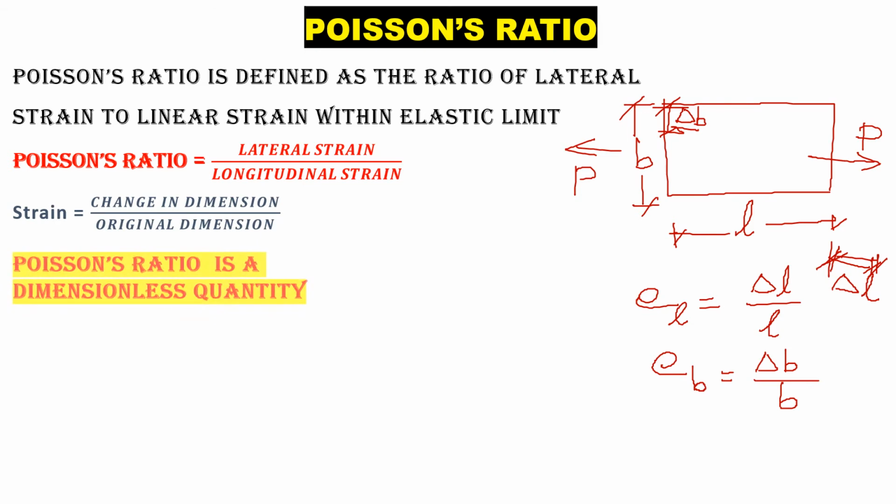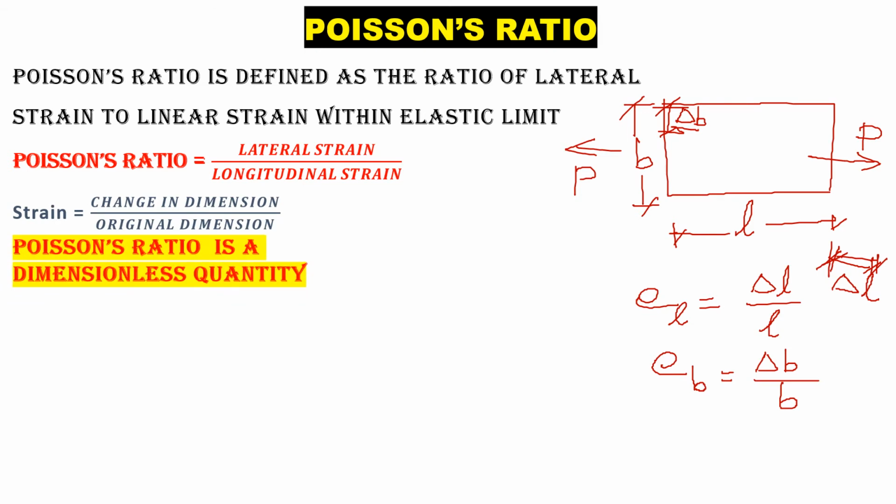Now, our Poisson's ratio is equal to lateral strain by linear strain. So our Poisson's ratio will be equal to EB by EL. It is also represented by the symbol mu, or it is equal to 1 by m.